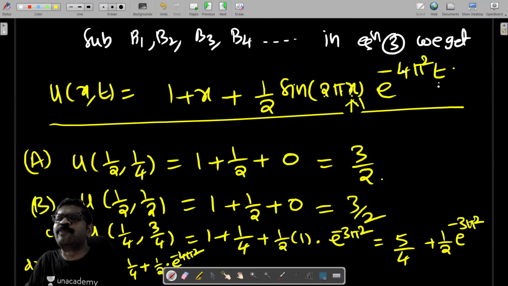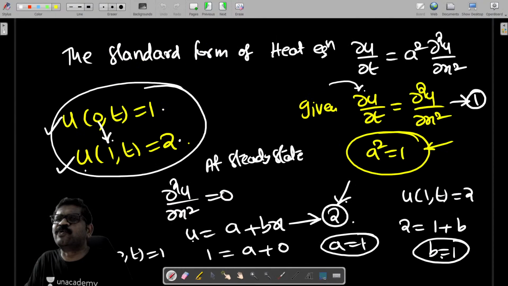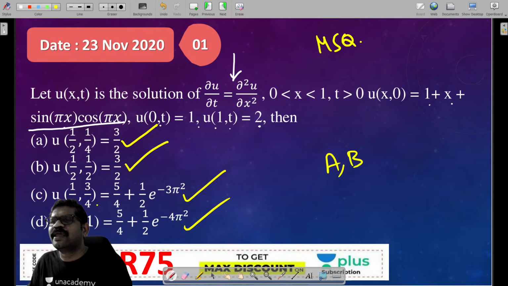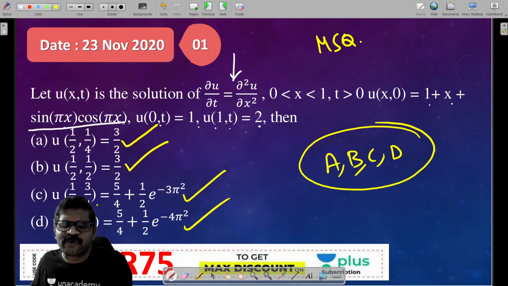Verify. 5 by 4 plus e power minus 4 pi square by 2. Last option is also correct. A, B, C, D. All the options are found correct in this problem. Understood? Next problem.